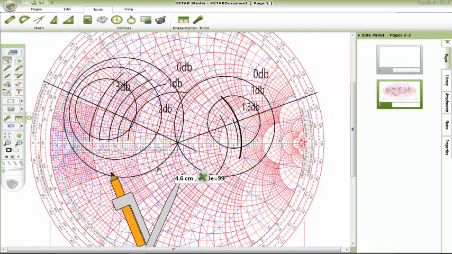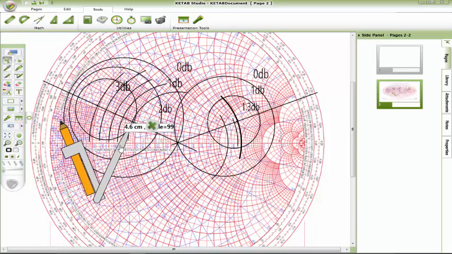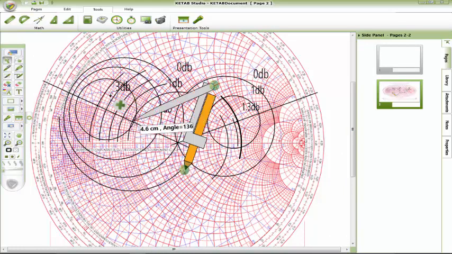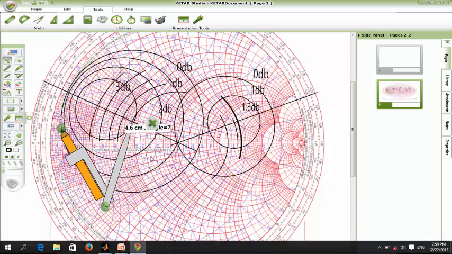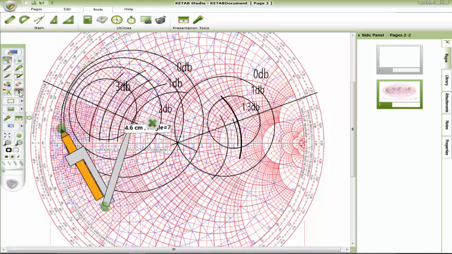We draw the circle here. It's the biggest circle, as we can see, with -1 dB.